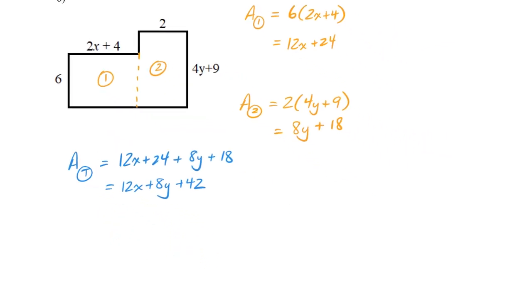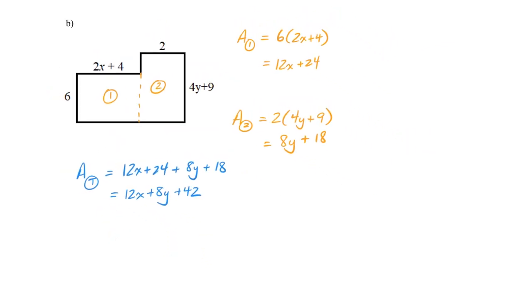Okay, all I'm going to do is shrink this down a little bit because you may have chosen to solve it directly from the very beginning. You could have said that the area of the total is the area of box 1 plus the area of box 2. You just did it all together.